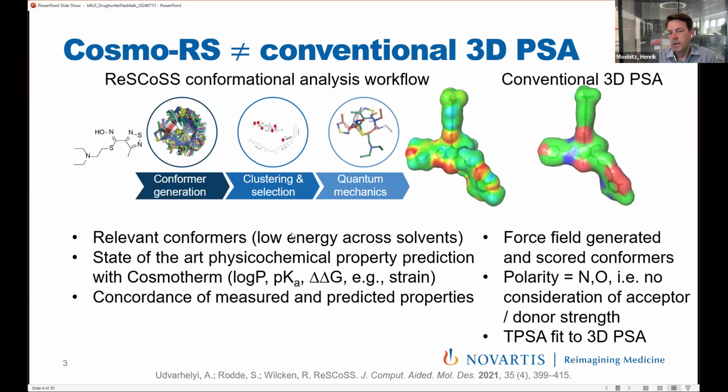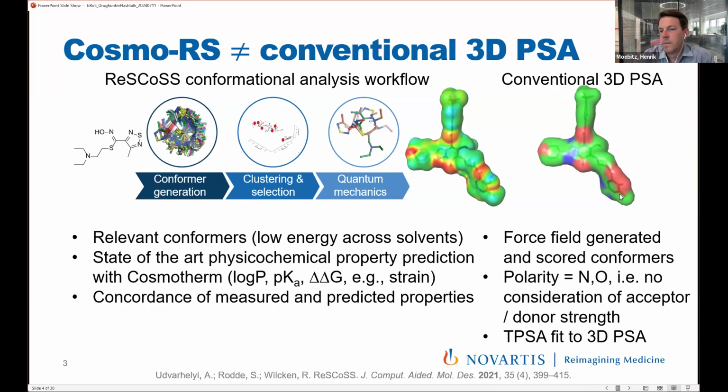Conventional 3D PSA, on the other hand, is basically just counting atoms across conformations that are force field generated, and therefore not accurately energy scored. So you might have a very high energy conformation, and that might give a high spread of 3D PSA, which is not physically meaningful.